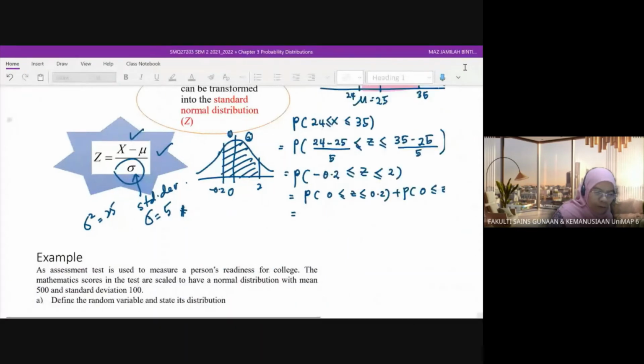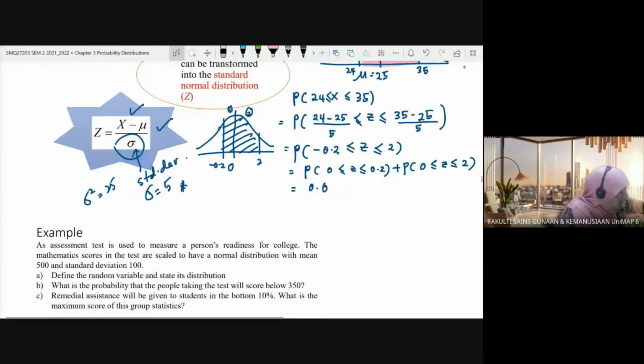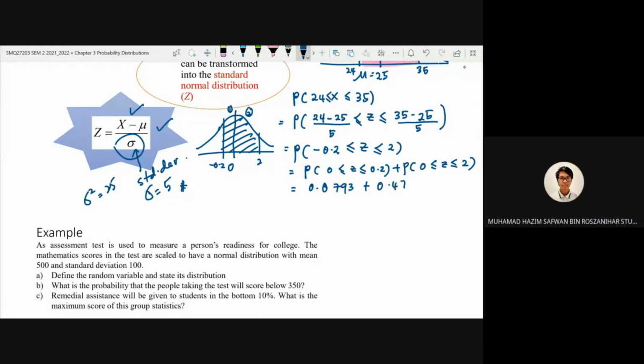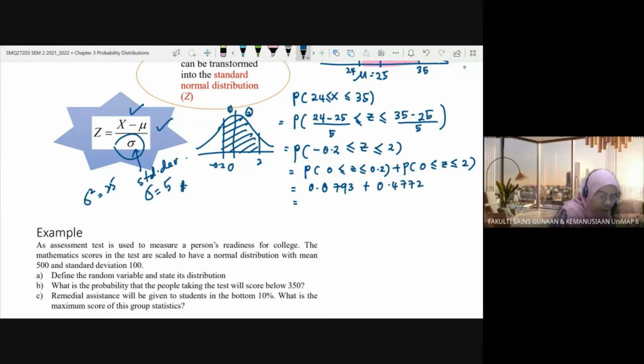So 0.0793. What about 0 until 2? Can someone please? 0.477. Yes, correct. So this will give you 0.5565.